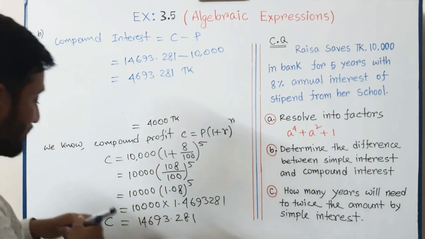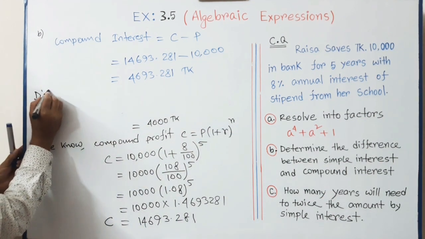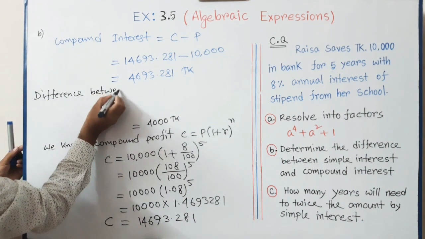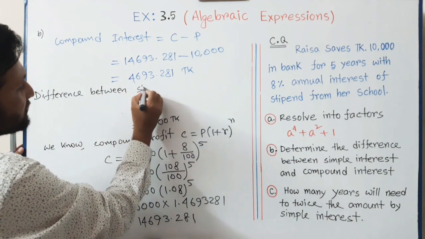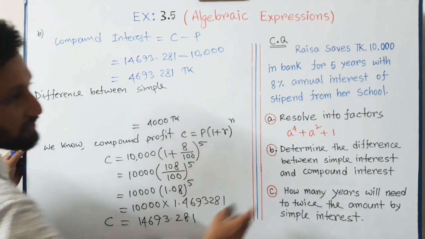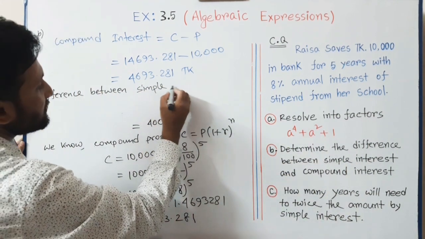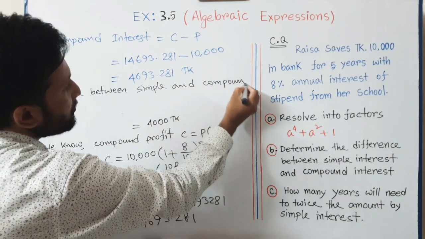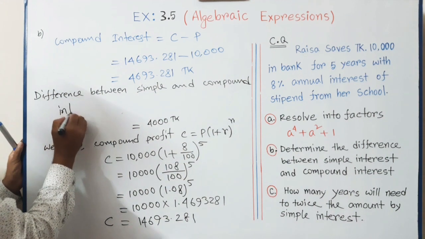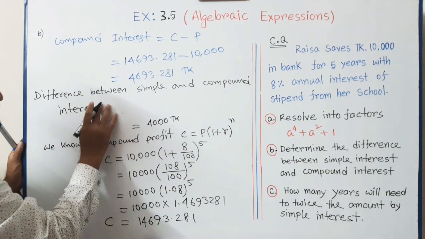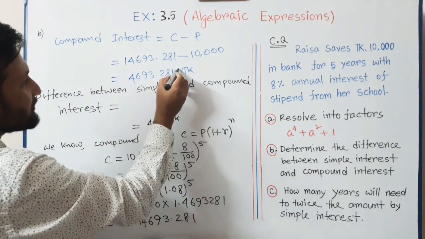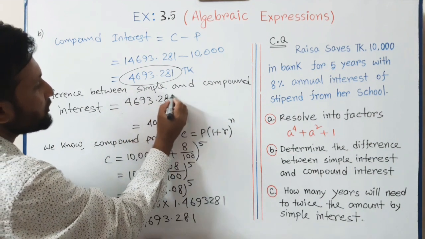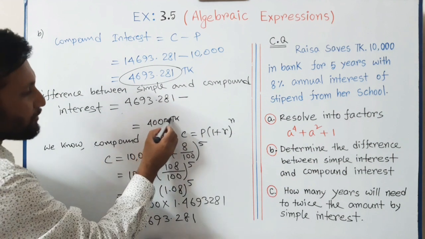So we can say that the difference between simple and compound interest equals compound interest amount 4,693.281 minus simple interest amount 4,000 taka.